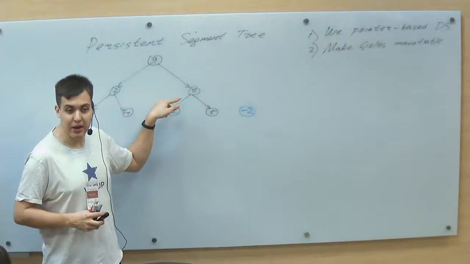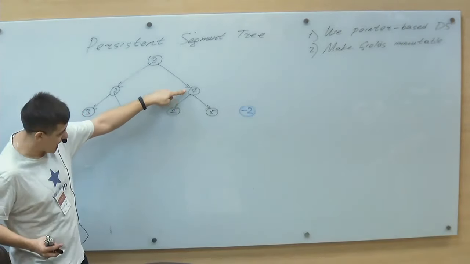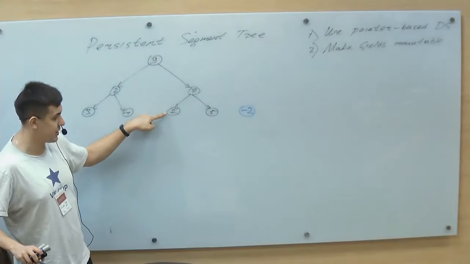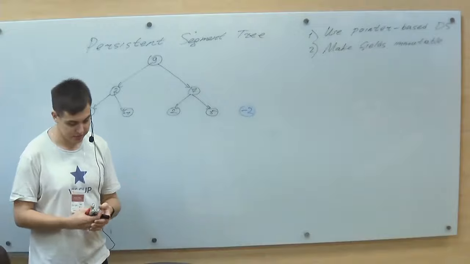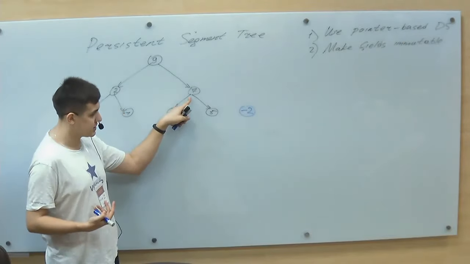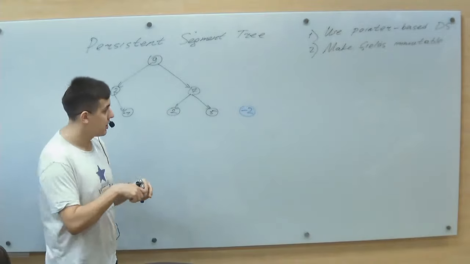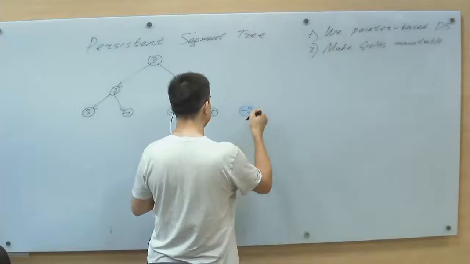Well, we have a parent of this node, this 7, that first has a link to that node, and second, calculates the sum that involves this node. So we need to communicate this change to this node, and again, we will create a new node.